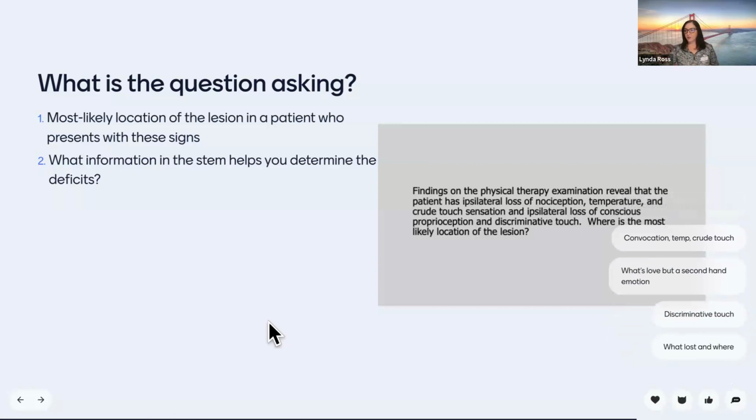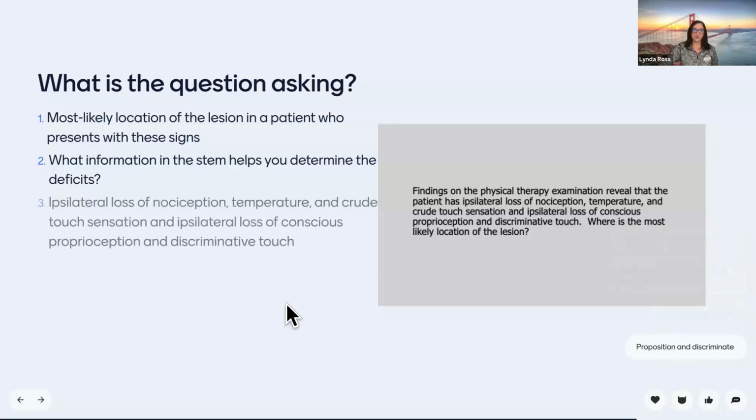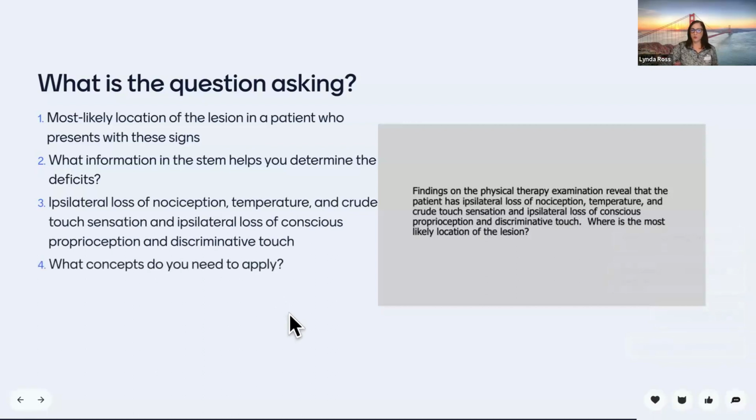Okay, what's lost and where? Discriminative touch. Okay, and that's right, Nerju says DCML and spinothalamic determine sensation issues. So what concepts have you already started to talk about?